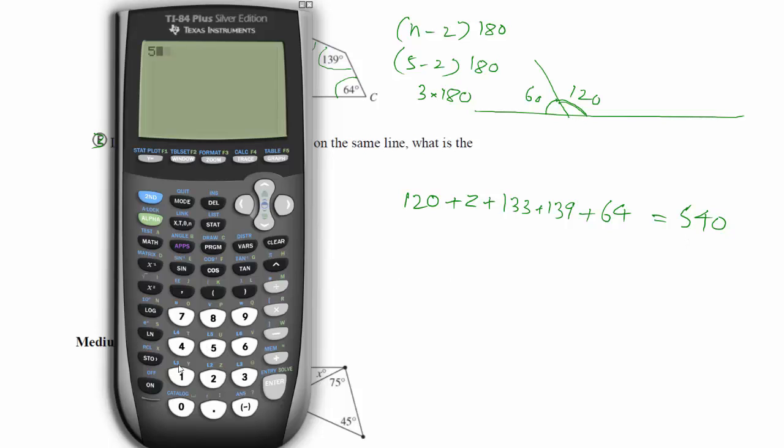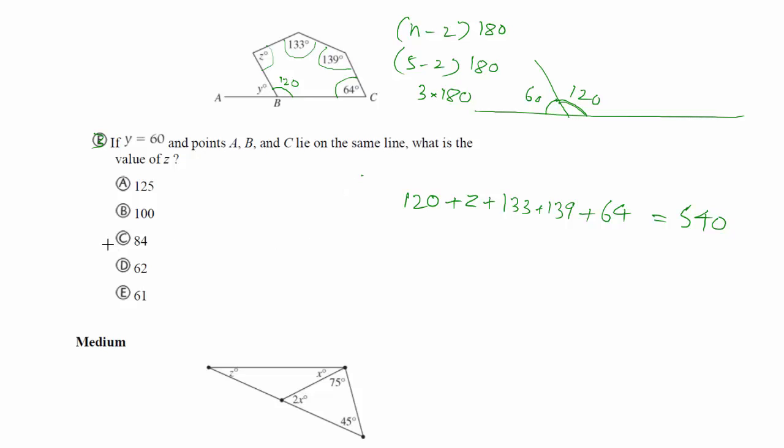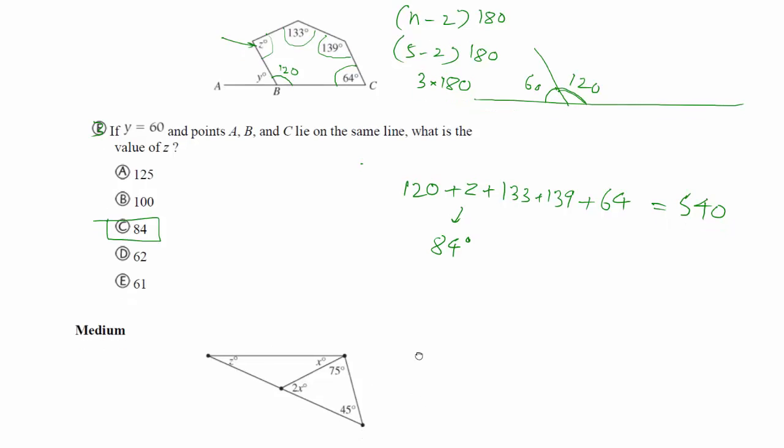So I'll just directly do 540 minus 64, minus 139, minus 133, minus 120. So this will be equal to 84. So z is 84 degrees. So it's option C. Now let us move to the medium level.